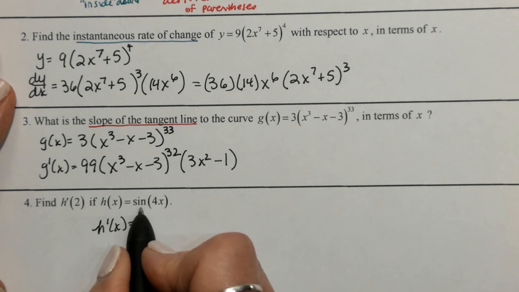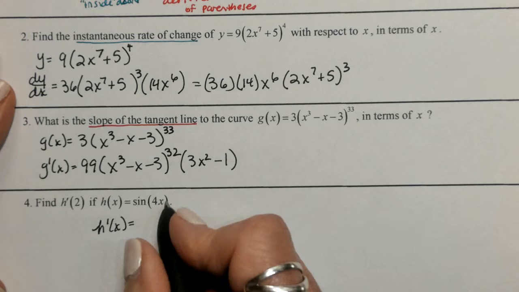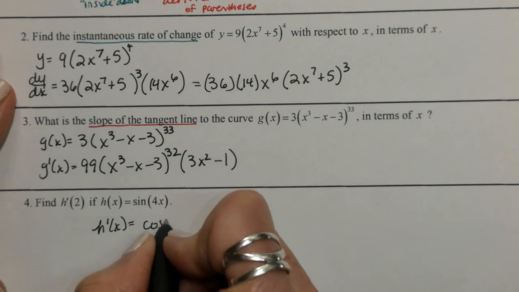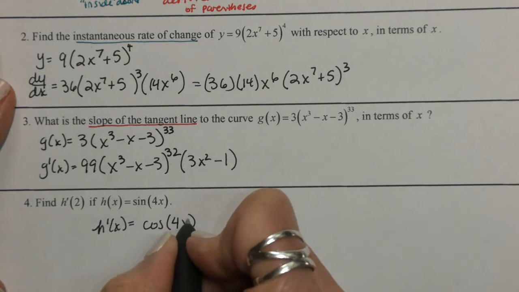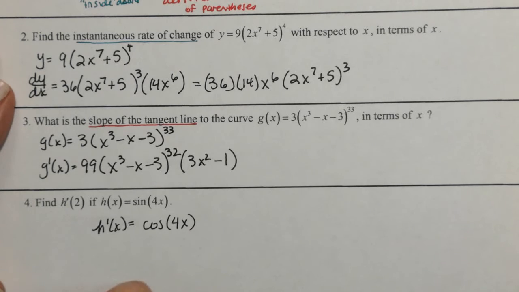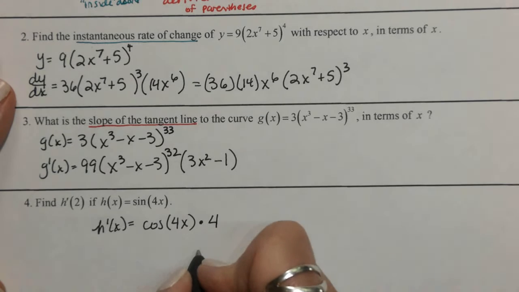The normal derivative of sine is cosine. So cosine of, very important, just like we did here, keep your inside. Keep your inside there. Then you multiply by the derivative of your inside. The derivative of 4x is just 4.